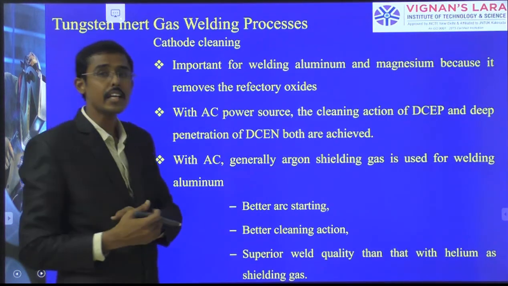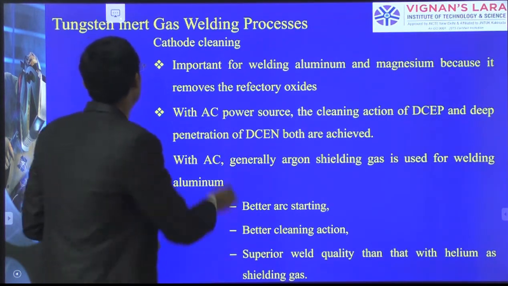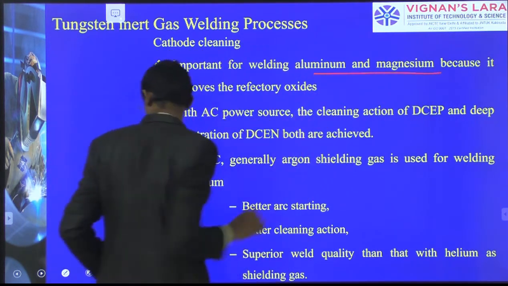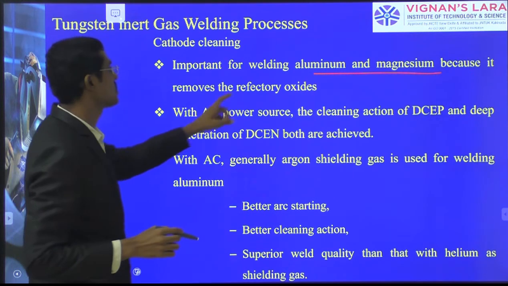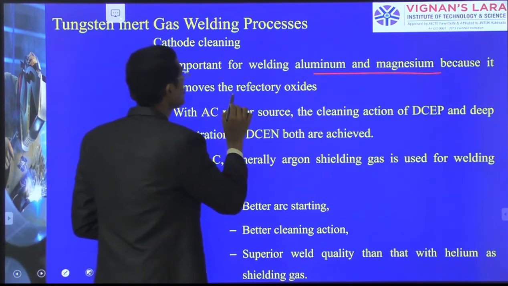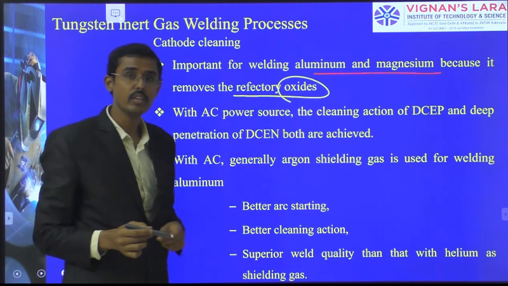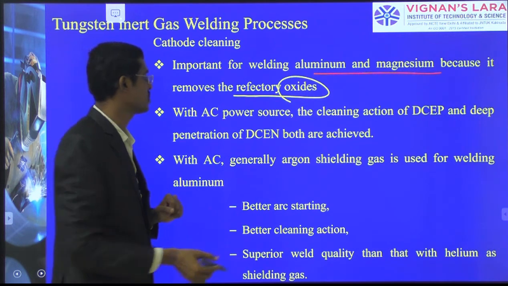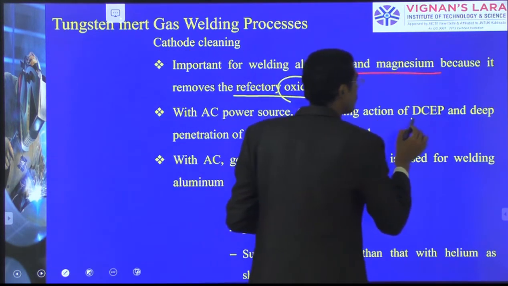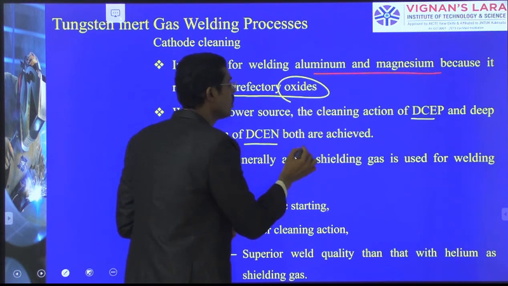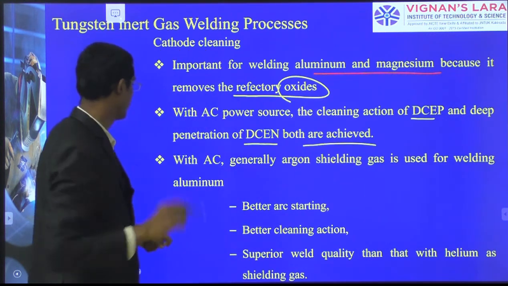So the cathode cleaning process we should see additionally. It is important for welding of aluminum and magnesium because it removes the refractory oxides. With an alternating power source, the cleaning action of direct current electrode positive and the deep penetration of direct current electrode negative are both achieved in this technique.